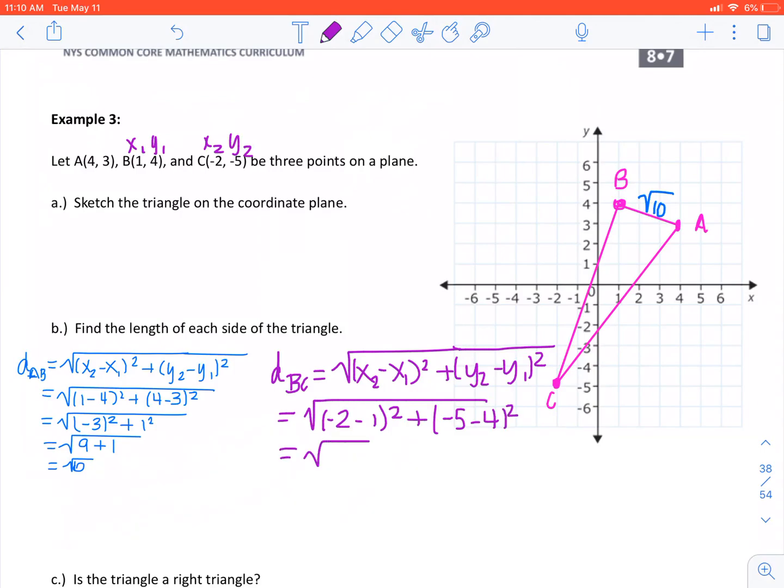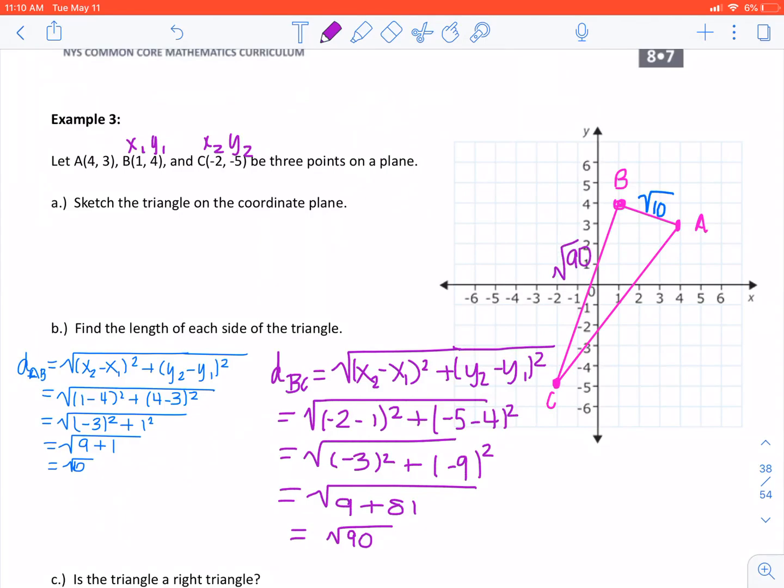Let's do the subtraction. So -2 minus 1 is -3. -5 minus 4 is -9. Remember, you can do that in the calculator. So -3 squared is 9. -9 squared is 81. So add that together, you get the square root of 90. So this one over here is the square root of 90.